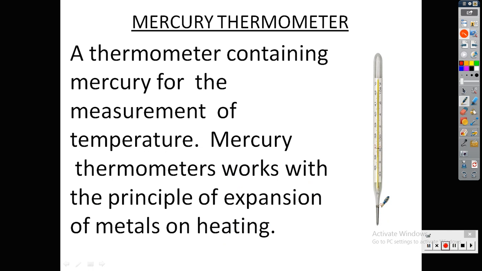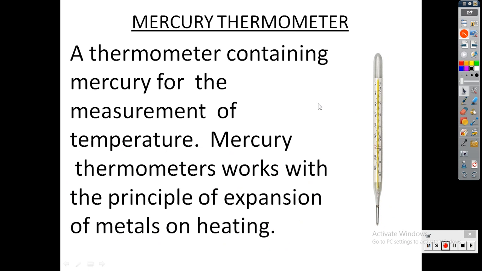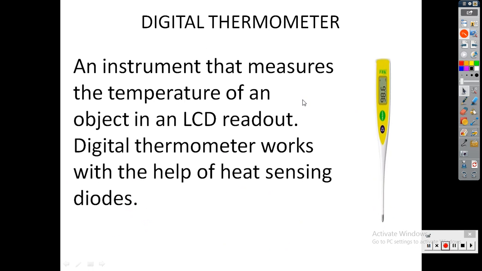Likewise, the mercury here expands and moves through the small tube, and when it stops at one point, that is the expansion limit. When it stops, that is the temperature of that object. Here the mercury thermometer works on the principle of expansion of metals on heating. So this is the working of the mercury thermometer.